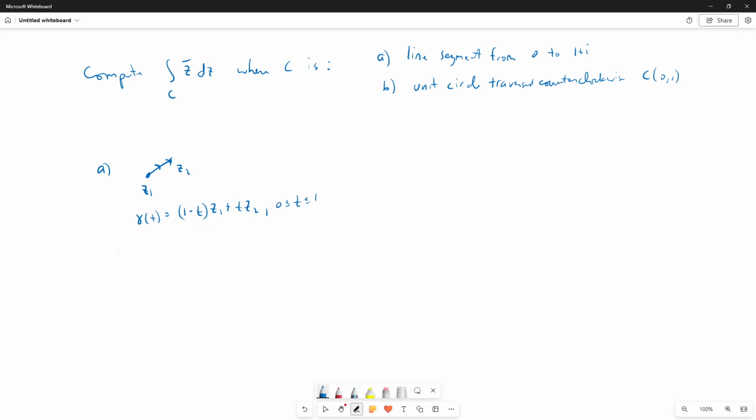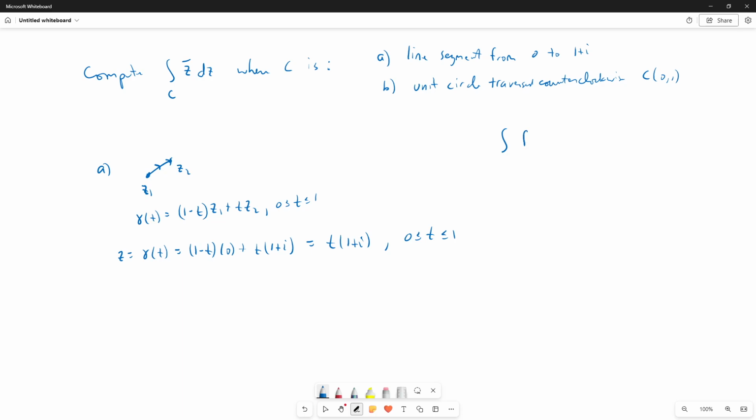So in our case, the parameterization is z equals gamma of t equals (1 minus t) times 0 plus t times (1 plus i). And that simplifies to just t times (1 plus i), and then t goes between 0 and 1.